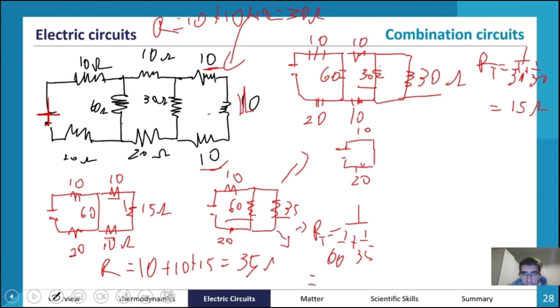That means it would be 1 on 60 plus 1 on 35, that would be 22.11 ohms.